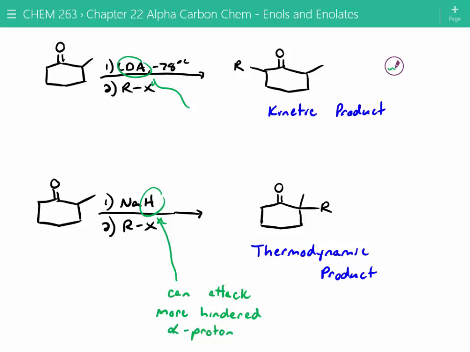LDA, on the other hand, has a hard time. All right, so that's kind of the trick that chemists use to control alpha alkylation, is they can choose the size of their base and the temperature of the reaction.